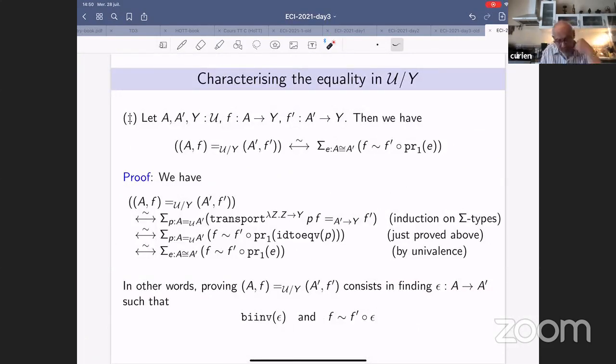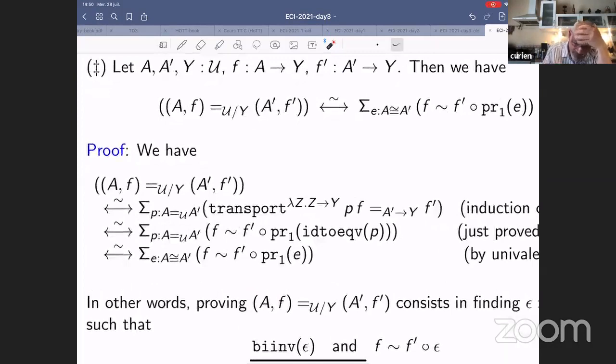And now it's just a matter of using univalence. Let me be intuitive here. The idea of univalence is that all the proofs that A is equal to A prime are of the form UA of E. Remember that UA is the axiom that turns an equivalence into an equality.